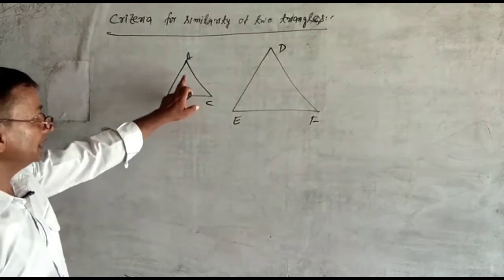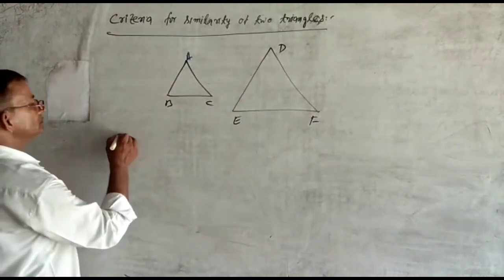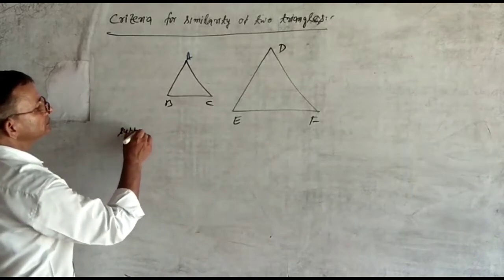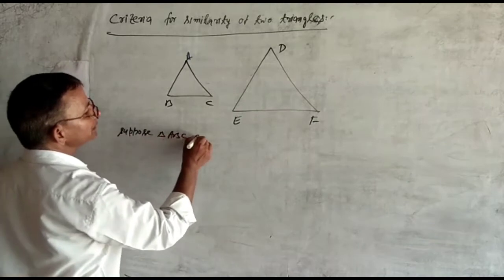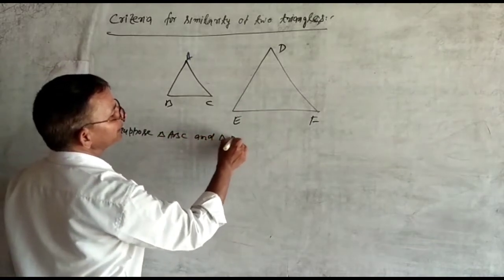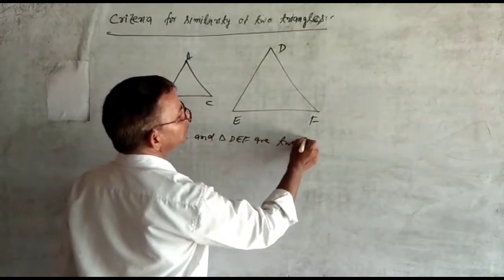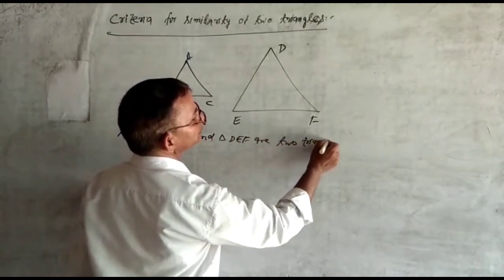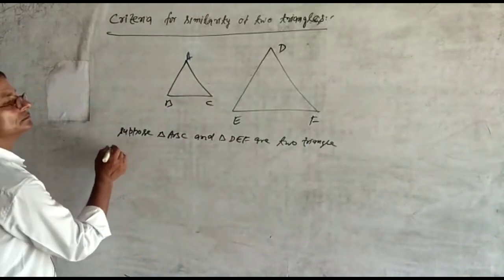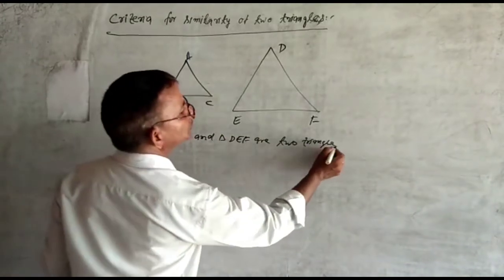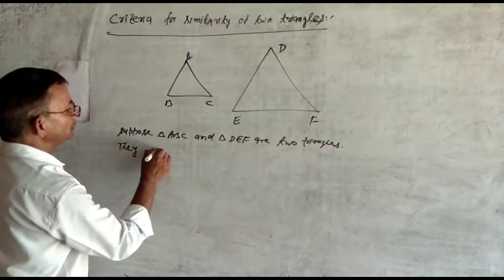Suppose triangle ABC and triangle DEF are two triangles.